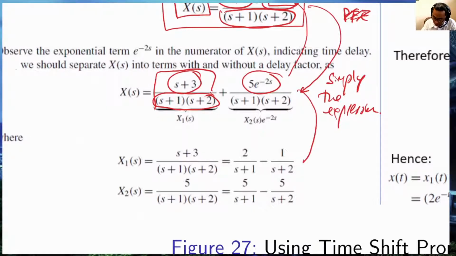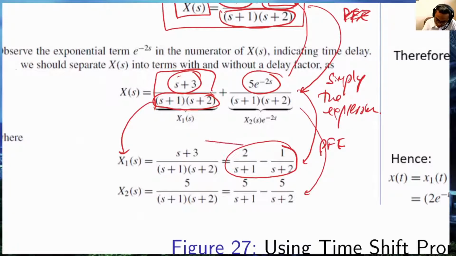Now by partial fraction expansion, we are going to solve for the first term, we call it x1, and the second term we call it x2, and you have to learn how to do partial fraction expansion. The idea is the expression on the right is the same as the expression on the left. You can check by collapsing the terms together.